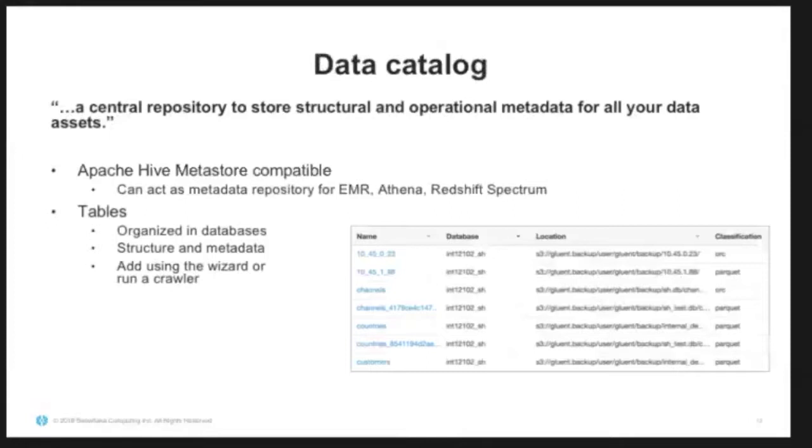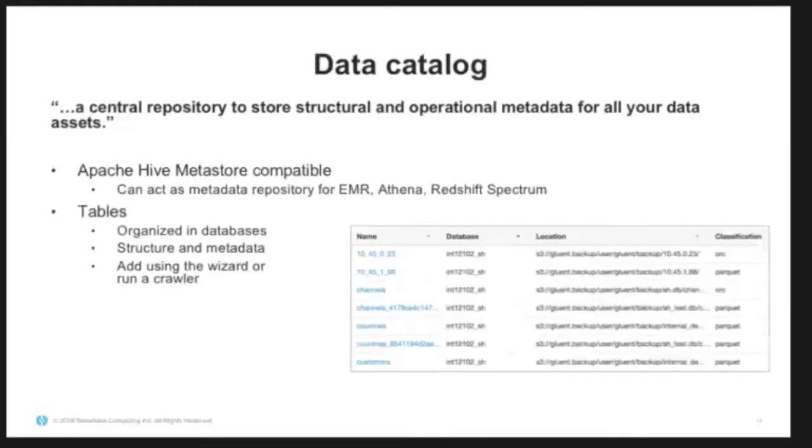Just like any other ETL tool, the structure of your metadata looks a lot like a database. So you have databases, within those databases you have tables, and each table has columns, data types, etc. Here you can see my garbage test data, so some of these tables don't make sense, but you see the table name, the database where they live, and then your location.